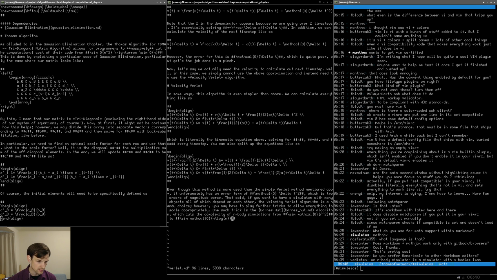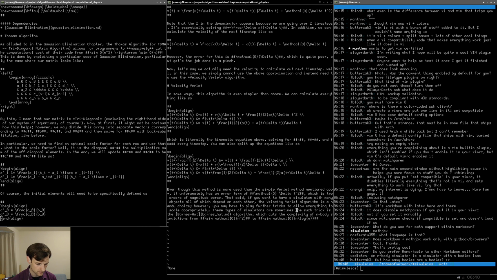These large-scale simulations, these types of simulations are sometimes called n-body simulations. And one such trick is the Barnes-Hut.